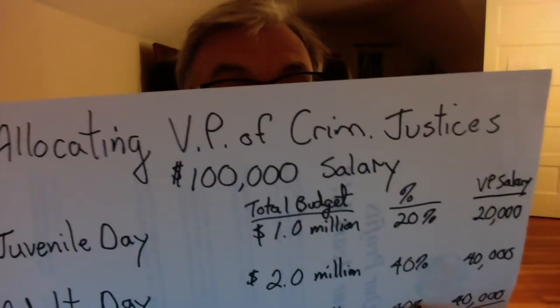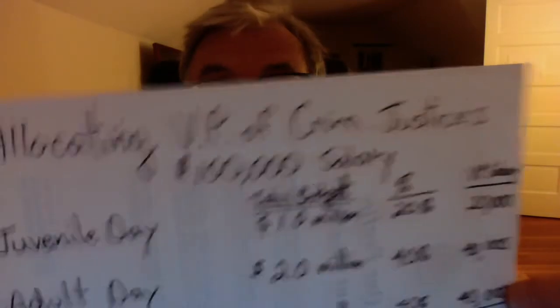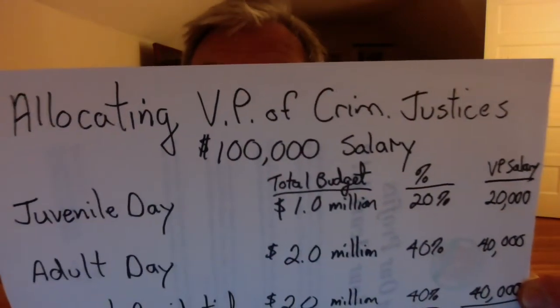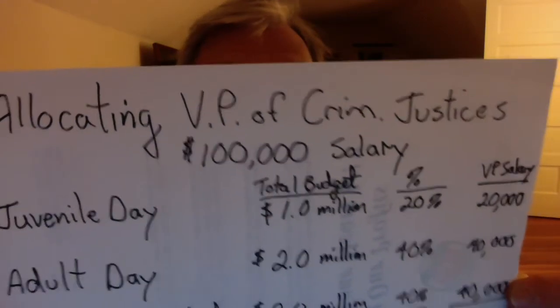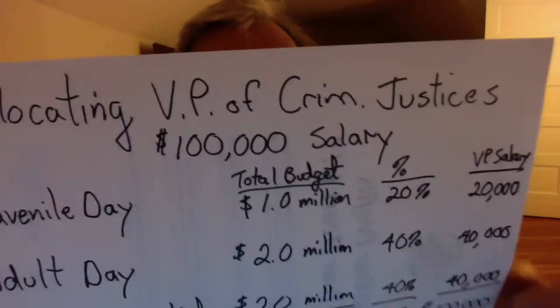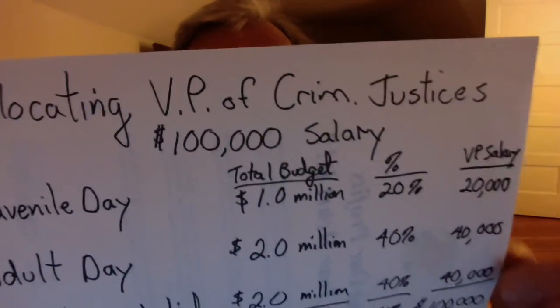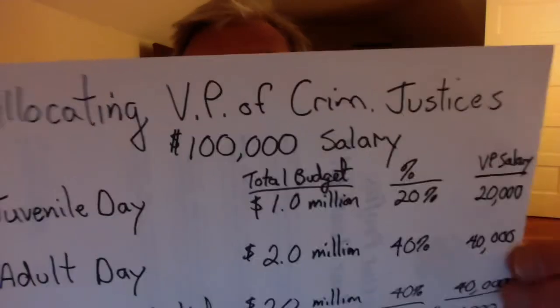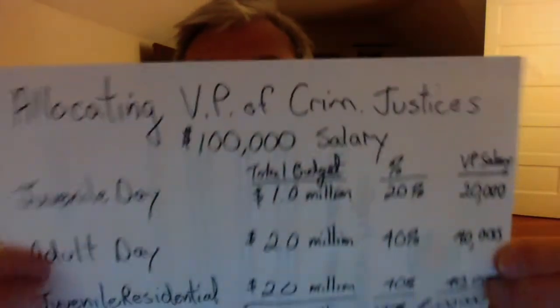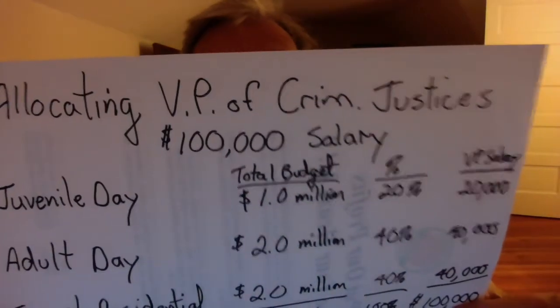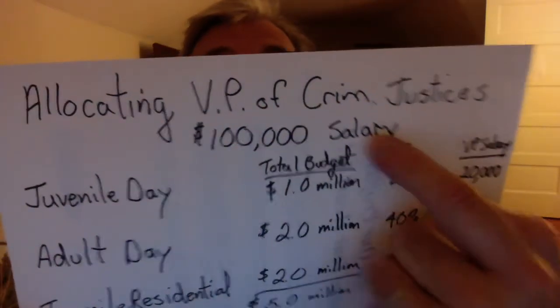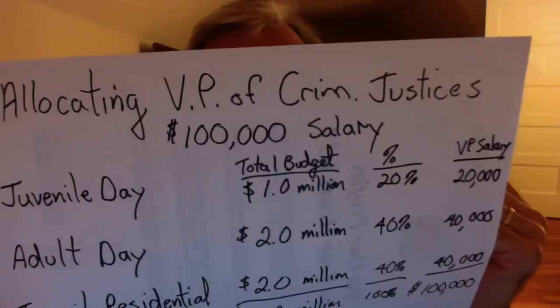And likewise, 40% of $100,000 is $40,000, and we will allocate that to the Juvenile Residential Program. And so in total, these separate allocations to the various program budgets add up to the $100,000 of the VP that you have to allocate.